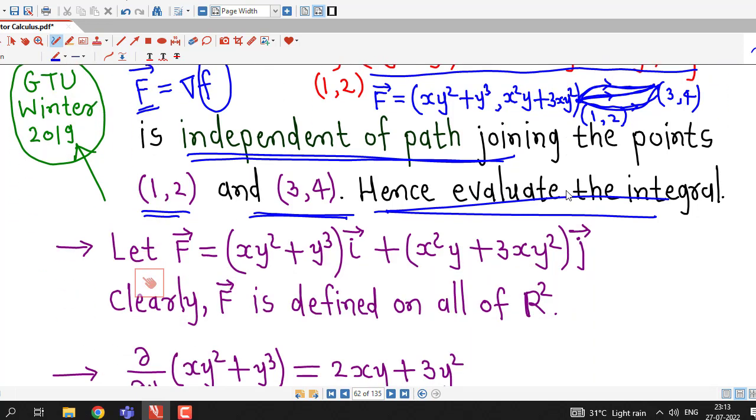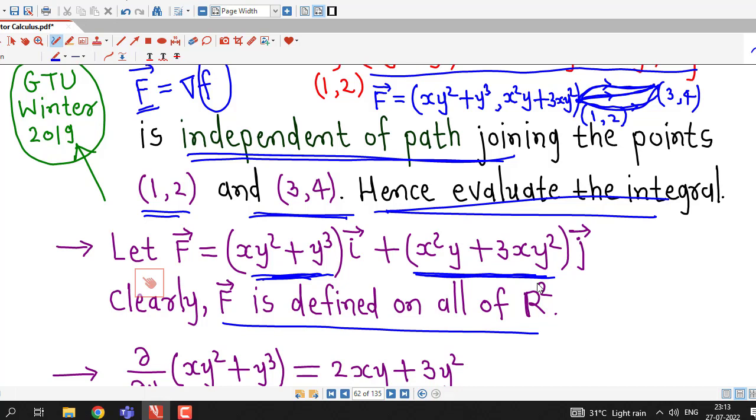First we denote this vector field by F bar, and we can see F bar is defined on all of R², that is, F bar is defined at every point in R². These component functions are polynomials, and clearly they have first order continuous partial derivatives.